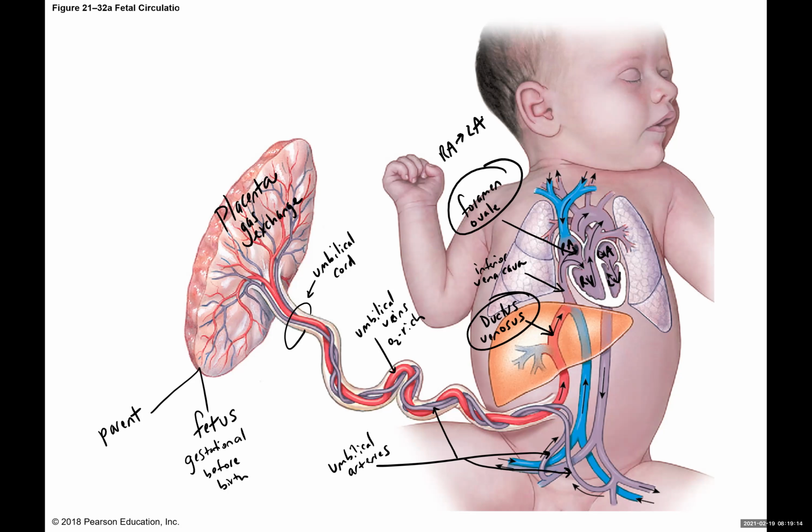Blood can move from the right atrium to the left atrium, but it cannot go in the other direction. Looking at the right ventricle, the blood moves up and out through the pulmonary trunk. But notice that the pulmonary trunk has a direct feed into the aorta.